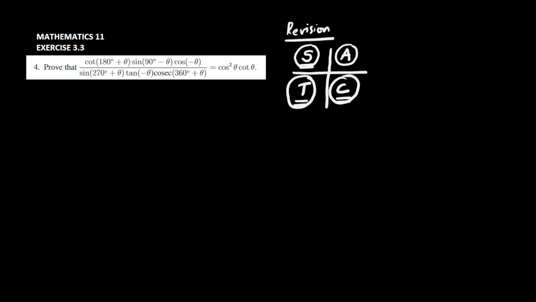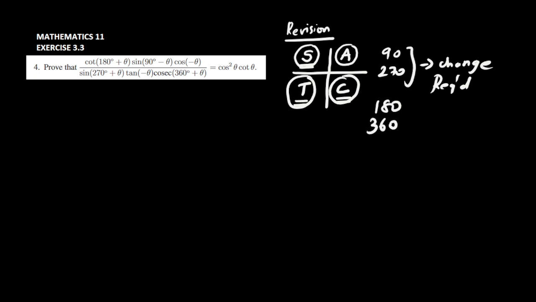So first it's cot 180 plus theta. As I said, for 90 and 270 a change of trigonometric function is required. For 180, 360 or 0 plus or minus, no change required. So for cot 180 plus theta, because it's 180 you don't have to change the function, and 180 plus theta is actually in the third quadrant.